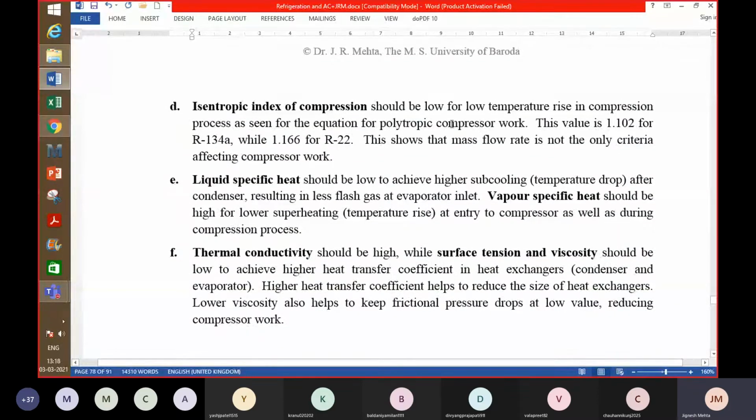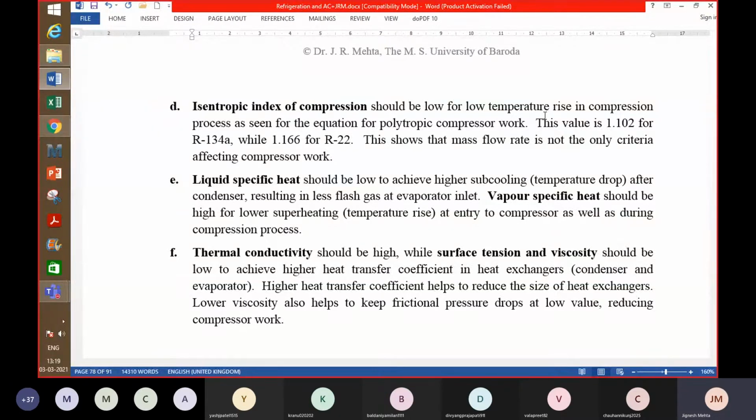Now, isentropic index of compression should be low for low temperature rise in the compression process. As you know, in the isentropic process or in the polytropic process, this can be polytropic index or isentropic index for a given refrigerant in the given temperature range.